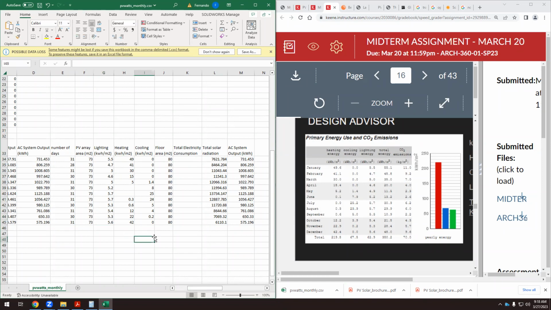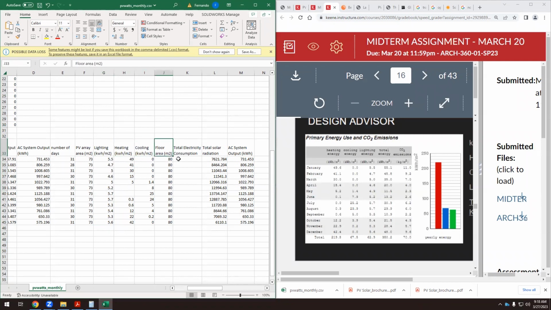Okay, so those numbers seem correct because I have heating in winter, cooling in summer, lighting throughout the year. Those numbers are kilowatt hours per square meter. And here we have the area.